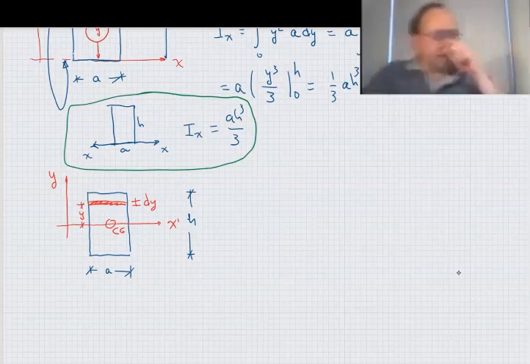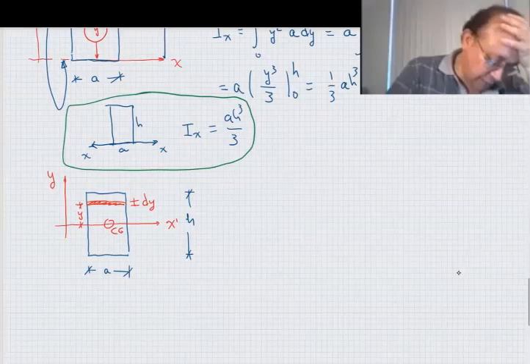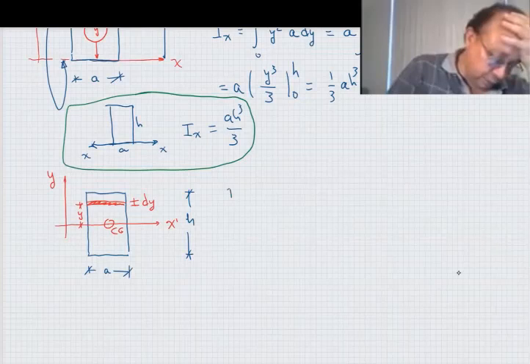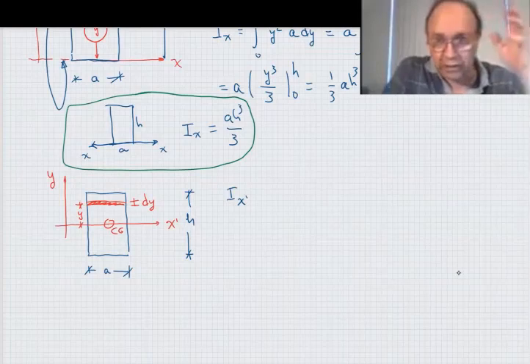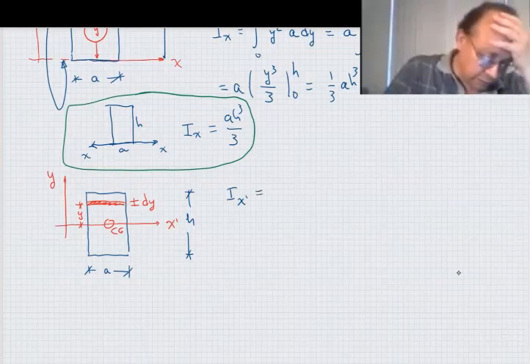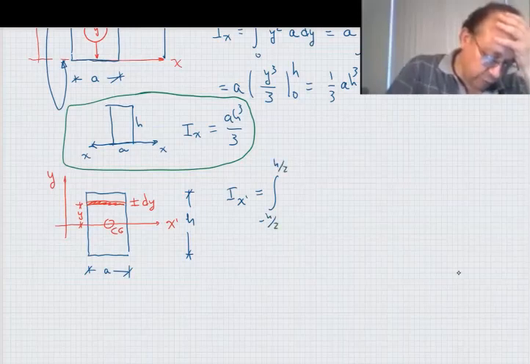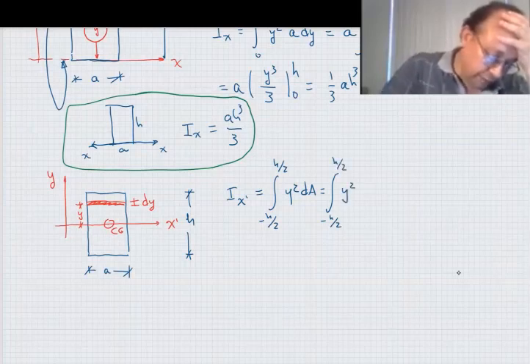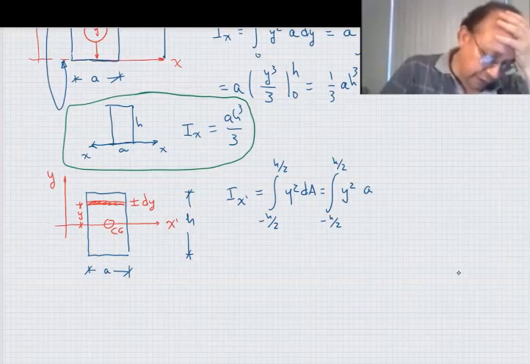So now it's basically the same thing, but we just changed the limits of integration, because now the moment of inertia with respect to x prime, where prime means that it's an x that goes through the center of gravity, is equal to the integral from minus h over 2 to h over 2 of y squared dA. Differential of area will be a times dy.